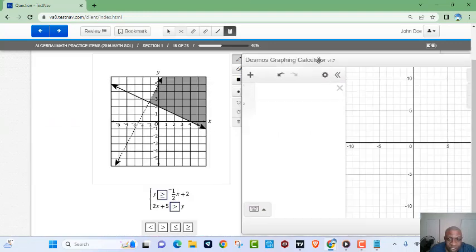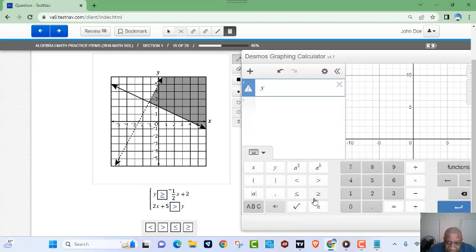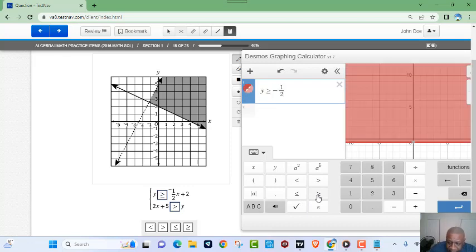And then let's just double check that on our DESMOS just to make sure that we do have the correct one. So we have y is greater than or equal to negative 1/2 x plus 2. All right, so we got that one. And then let's look at the next one.